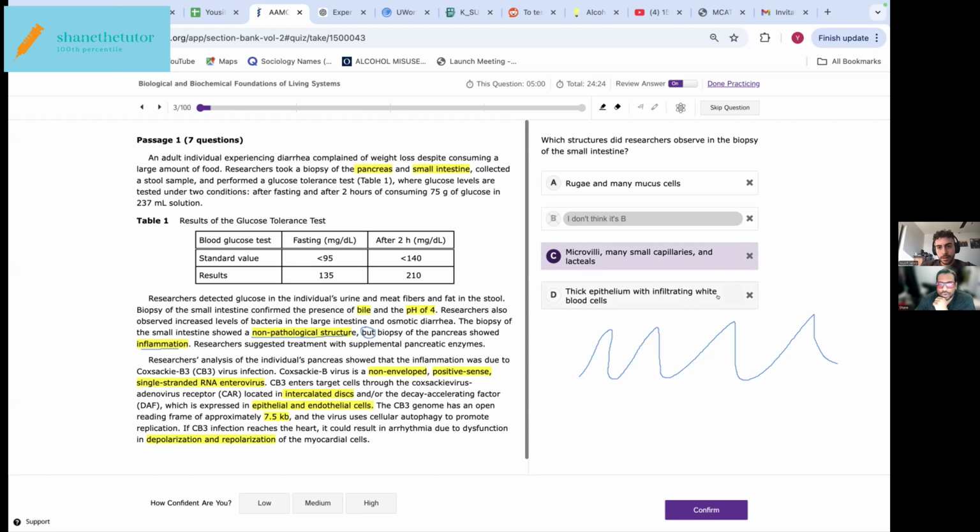Okay. But you know, the microvilli you want to be aware of. So let me show you a picture here. I'm gonna put it in the chat.